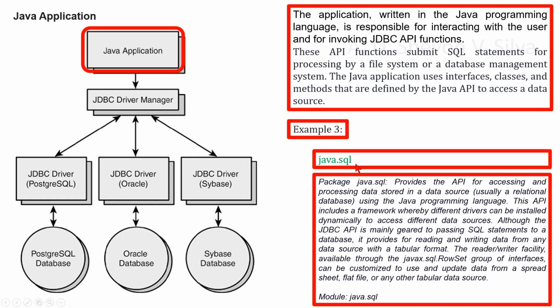The java.sql package contains APIs for the following: making a connection with the database via the DriverManager facility, which includes the DriverManager class, SQLPermission class, Driver interface, DriverPropertyInfo class.